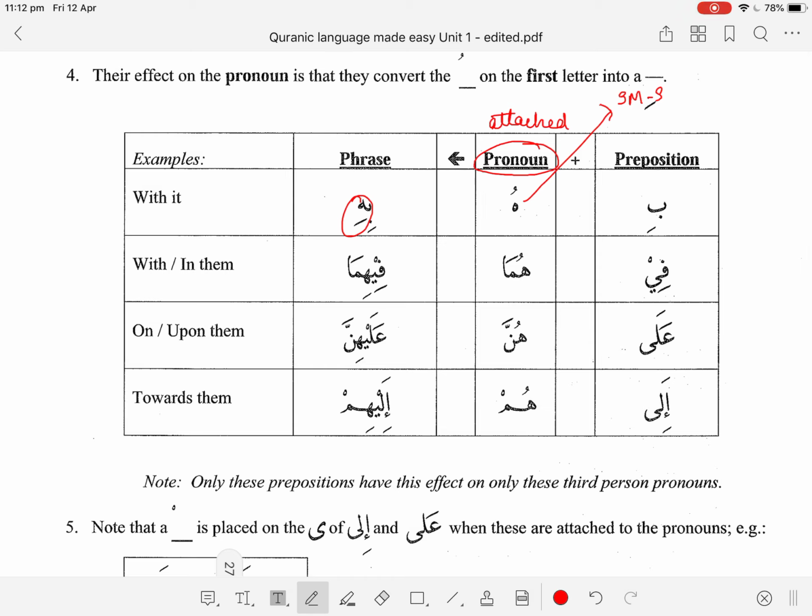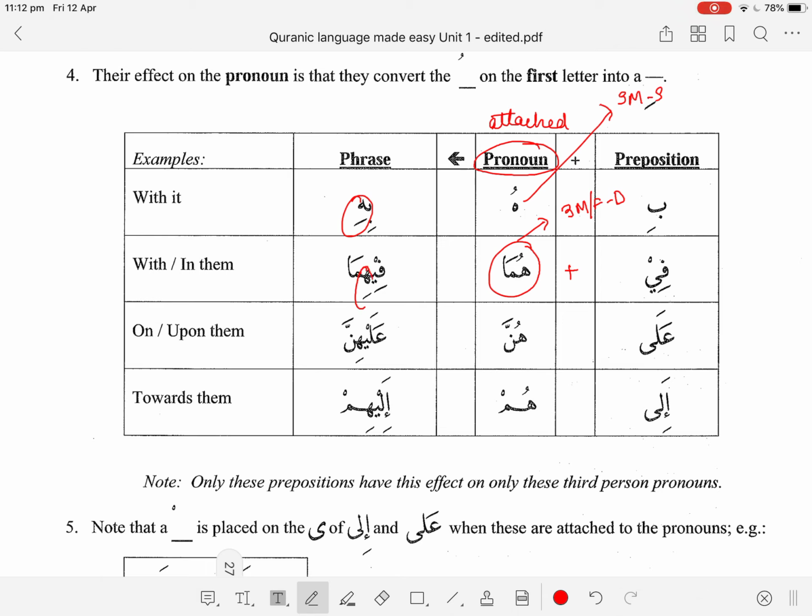Similarly, if we have fi plus huma, so if you remember, huma is third person. It can either be male or female, but it is dual, right? So we are talking about two people. So in them, but them is two. So this essentially becomes fihima.